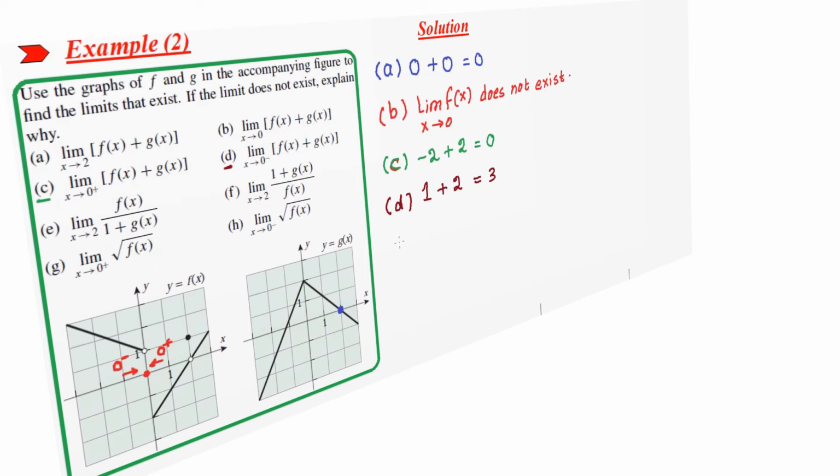Now part E. Part E, limit f of x divided by 1 plus g of x when x goes to 2. So limit f of x when x goes to 2 from the graph equals to 0.